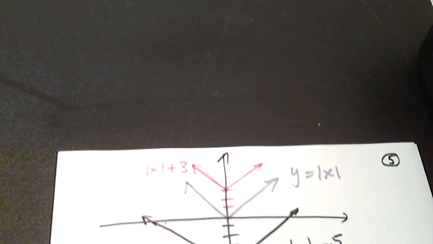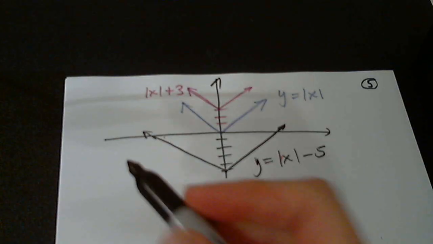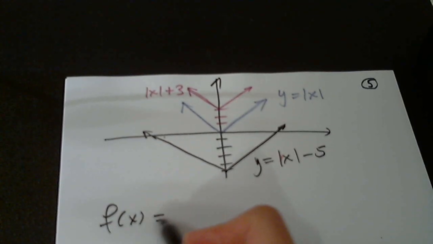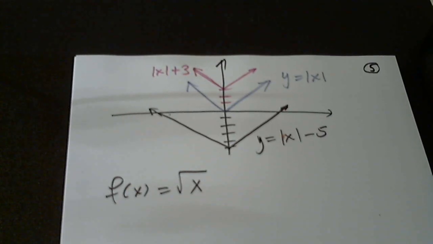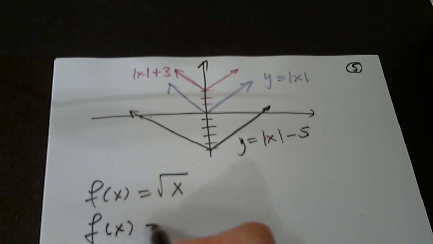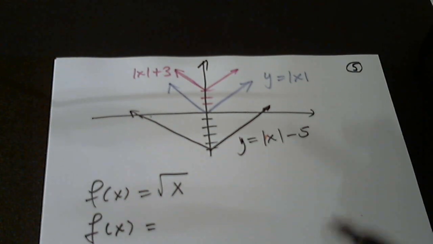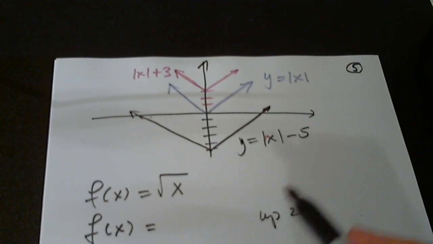If you have an example, or if not, I will create one. So with f of x equals the square root of x, how will you create a shift up of 2? Shift up 2. And f of x down 3.